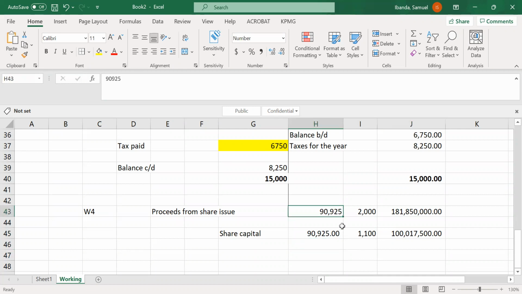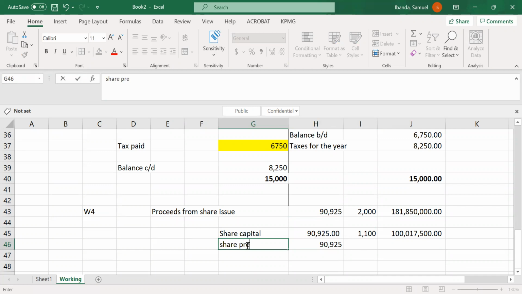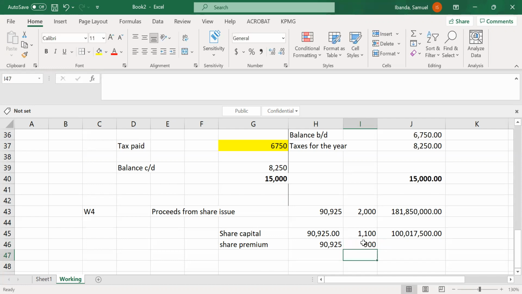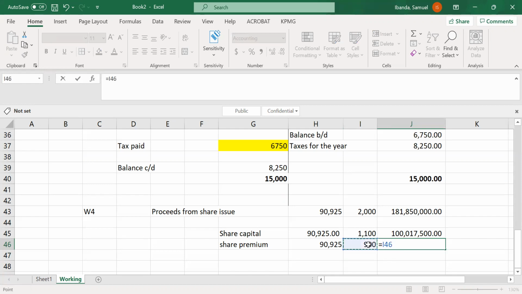For share premium, it is the number of shares multiplied by the difference between the selling price and the nominal value, which is 900, giving 81,832,500.